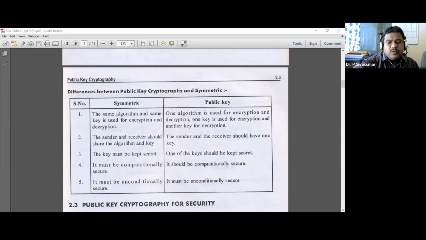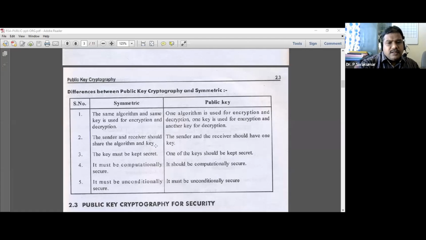You can see one or two differences between symmetric and public or asymmetric. In the private key system, the same algorithm and the same key are used for encryption and decryption. But in the public key system, one algorithm is used for encryption and decryption, but two keys are used: one key for encryption and another key for decryption.